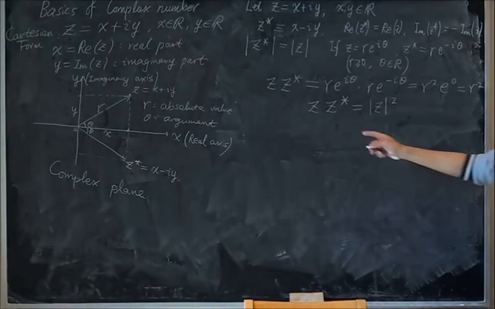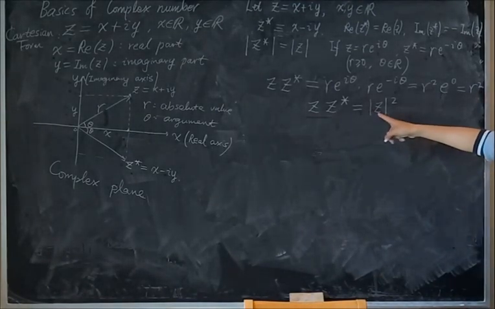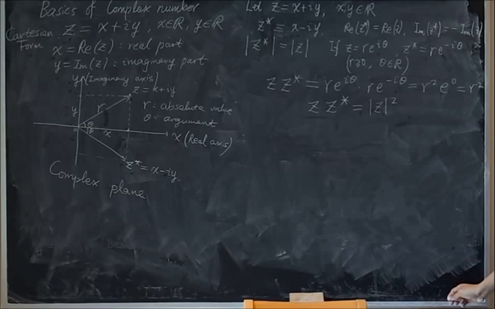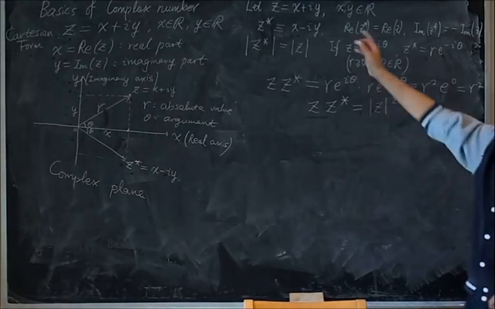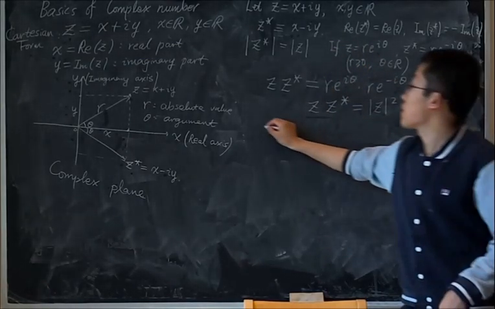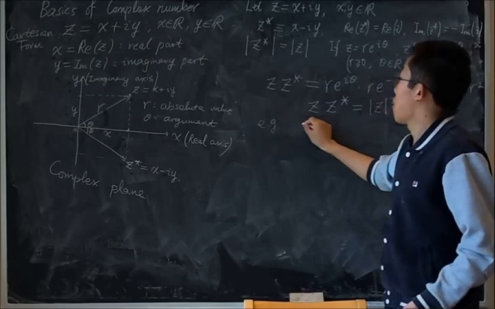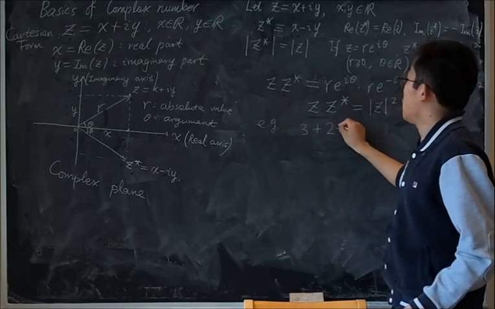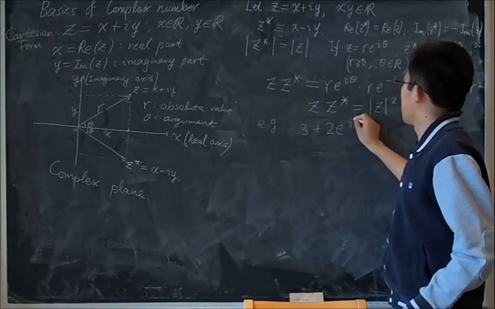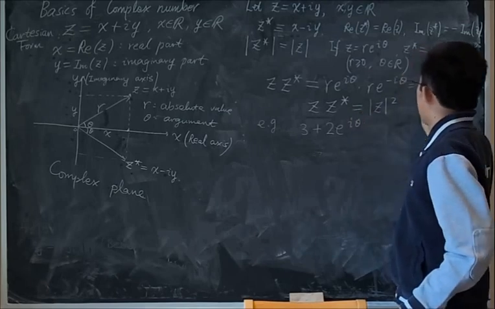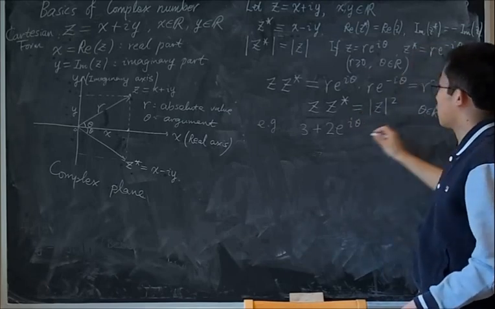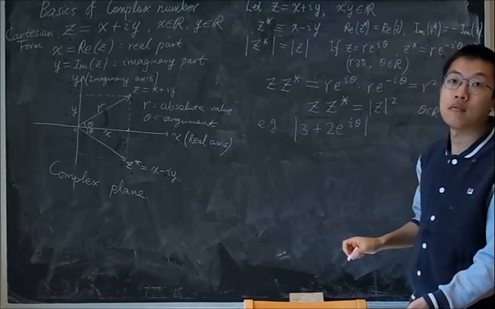Sometimes using this property to calculate the absolute value could be even faster than directly using the Cartesian form. For example, let's calculate the absolute value of 3 plus 2e to the i theta. Theta is just a real number. Here, let's calculate this.